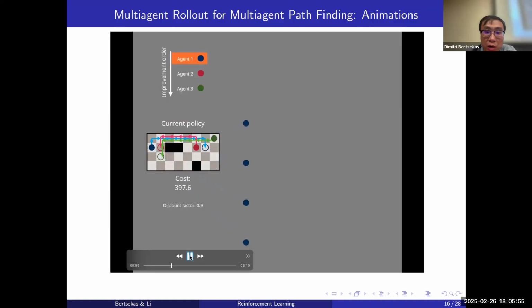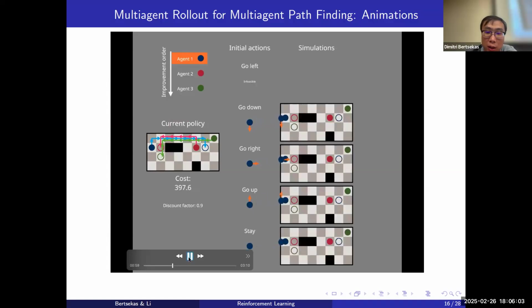Now, if we run multi-agent rollout for agent 1, it has 4 feasible actions. And just as in the preceding case, we apply the base policy for agent 1 after trying out all 4 different actions, and agents 2 and 3 stick to the trajectory given by the base policy.